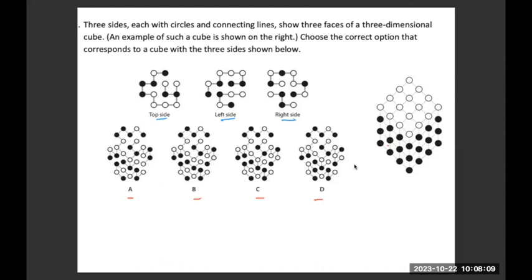And the correct answer. Pisha, correct answer. Tanvi, correct answer.